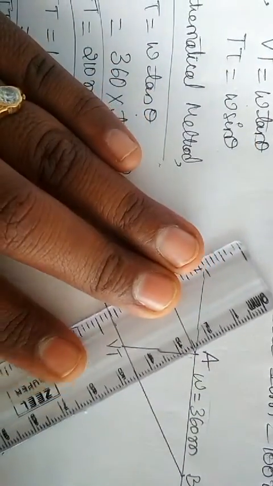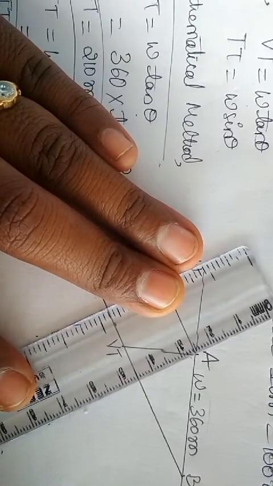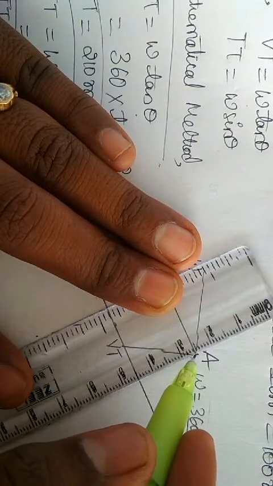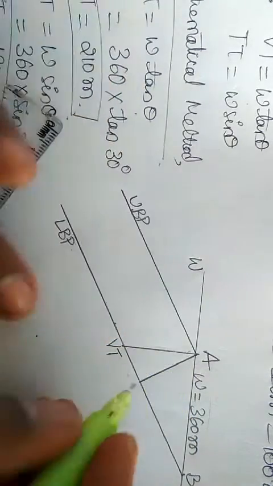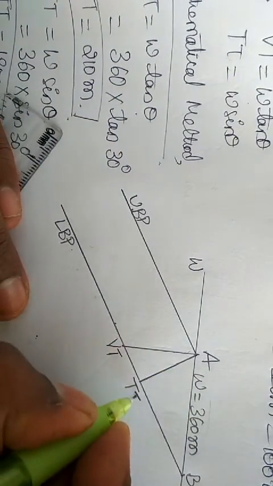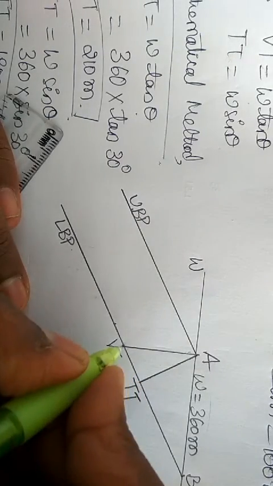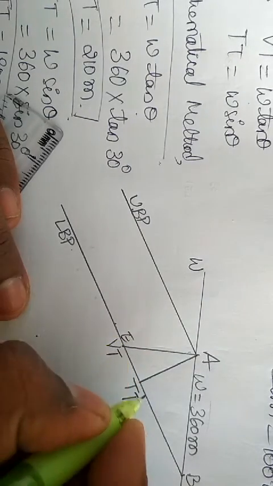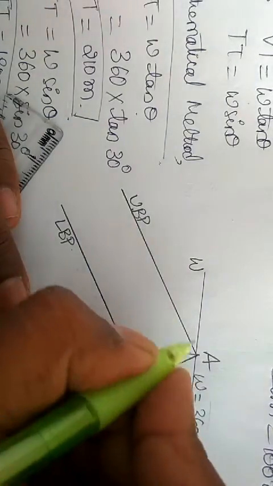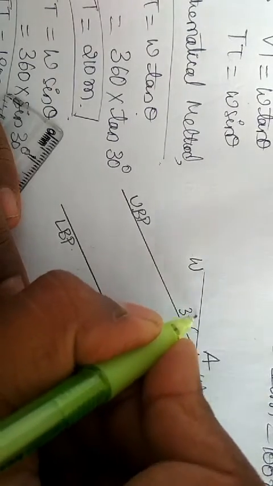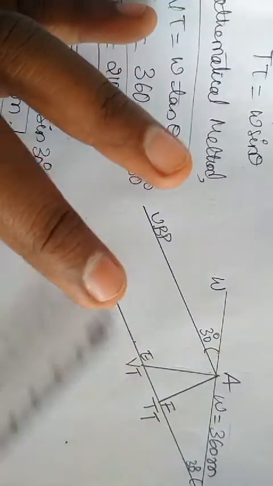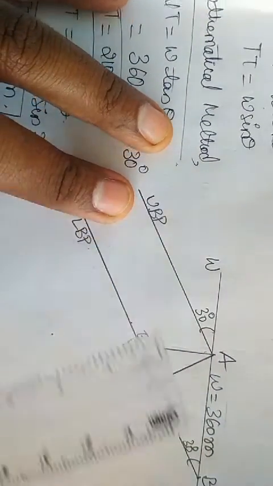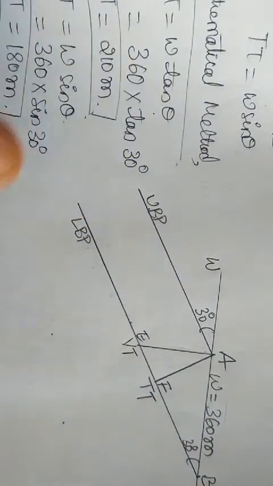Again measure 90 degrees from point A and join it to the lower bedding plane, and this will be the true thickness. Name these points E and F. Here theta is 30 degrees. So this is the construction, or the graphical representation, that we have done.